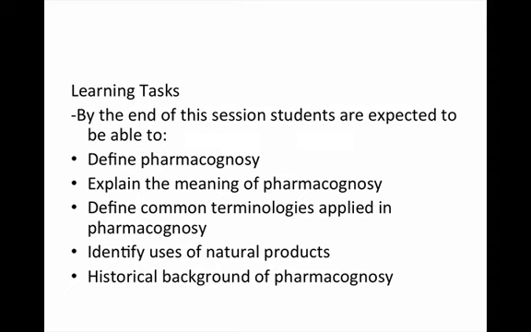Third is to define common terminologies applied in pharmacognosy. And the fourth one is to identify uses of natural products. And then fifth one is historical background of the subject or of pharmacognosy. Now let us go direct to look on one learning task after another.